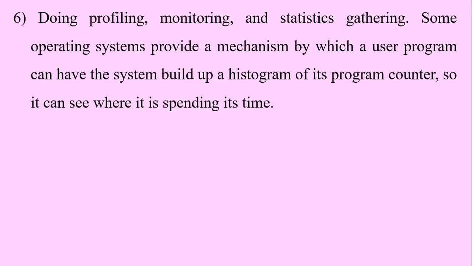Number 6 is profiling, monitoring, and statistics gathering. Some operating systems provide a mechanism by which a user program can have the system build up a histogram of its program counter so that it can see where it is spending its time.